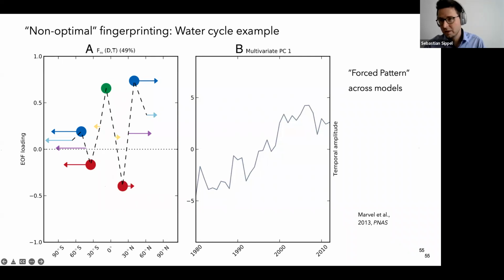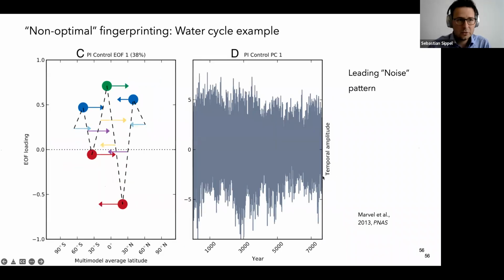And of course, she can then use this fingerprint to look into pre-industrial control simulations, which she's doing here. She looks at how the projections of the control simulation relate to changes in this fingerprint. She shows that these control simulations also have variability that can be similar.